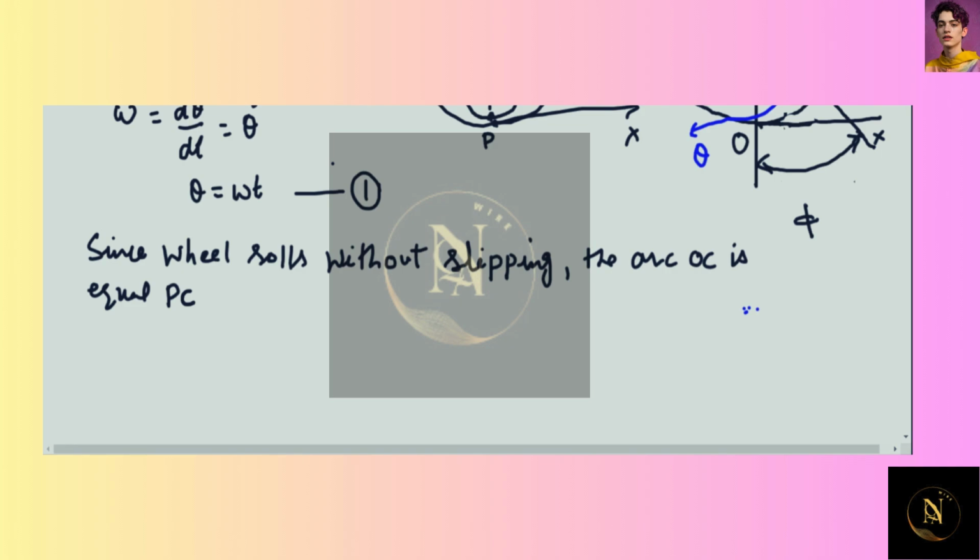So we can write (R minus r) theta equal to r phi. So the value of phi will be (R minus r) theta upon r.